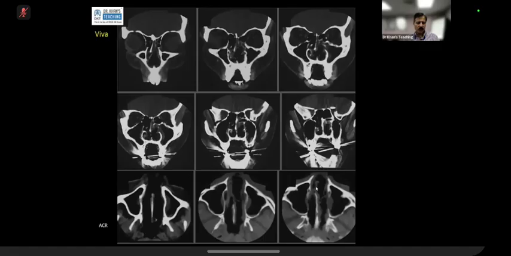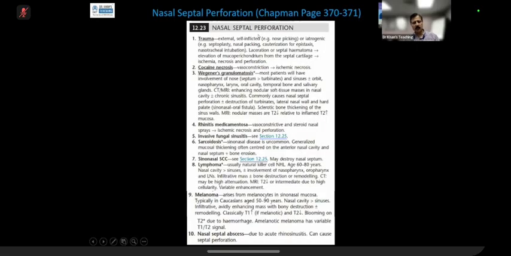So basically we are in a differential diagnosis. This is septal destruction, very important case for the exam. And if you see here, this is from your book, nasal septal perforation. Other than trauma, cocaine is a known cause, but our case is Wegener's granulomatosis.